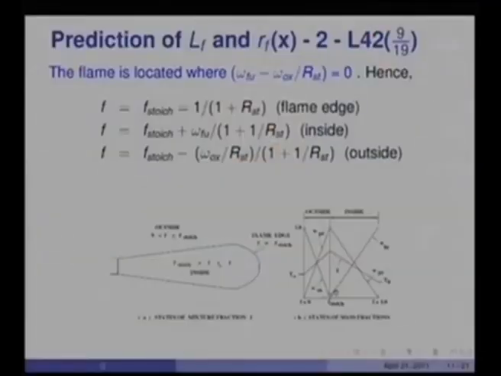In fact, that is what is often found, and that is what I have shown here: the fuel fraction would also appear a little bit on the outside, very close to F_stoich, and oxygen would appear a little bit on the inside. This zone is the flame thickness zone, if you like, or the flame edge thickness, which you often see. But for all practical purposes, we are going to say that the flame edge is a very sharp surface. F equal to F_stoich is a very sharp surface.